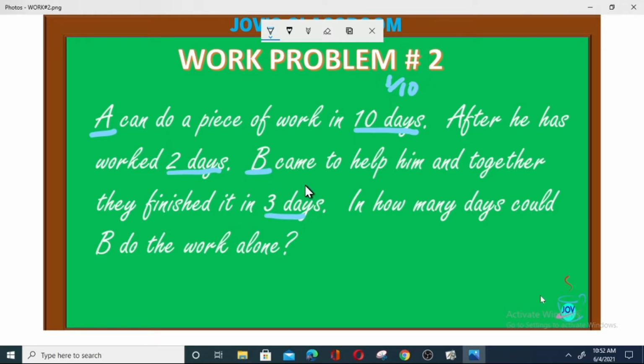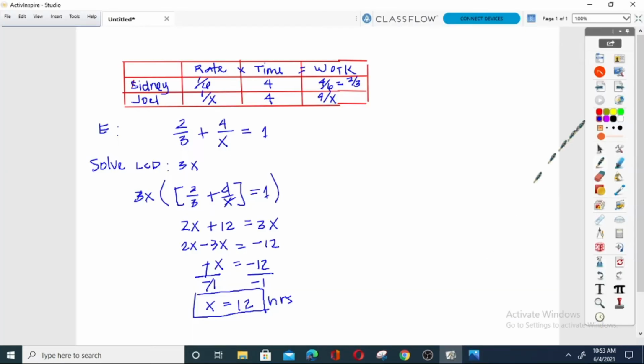In how many days could B do the work alone? Okay, so let us solve the problem.